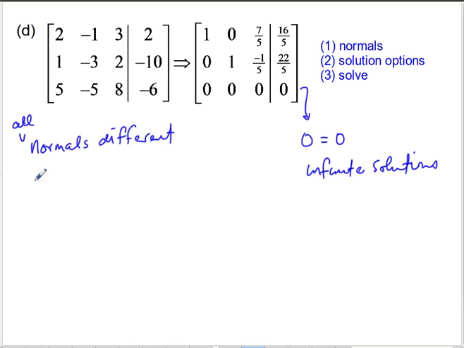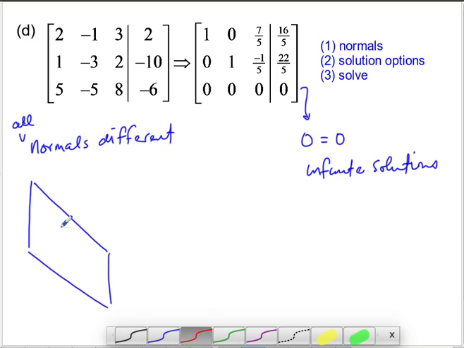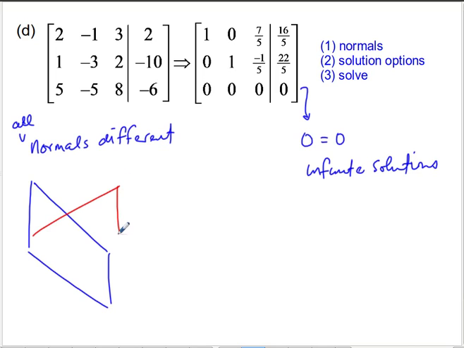And the diagram that goes along with that, and I'll never be able to do it justice, there's a plane. Let's switch colors actually. So there's one plane, and those two planes meet there.